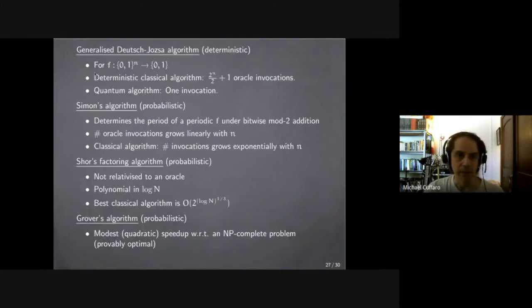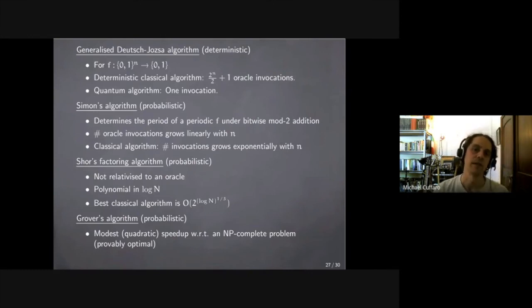In the classical case, I don't have the proof on hand, but I remember working through this once, and it's certainly the case that a deterministic classical algorithm is limited to 2^(n/2) + 1 oracle invocations, whereas a quantum algorithm, as we just saw, is limited to 1 invocation.